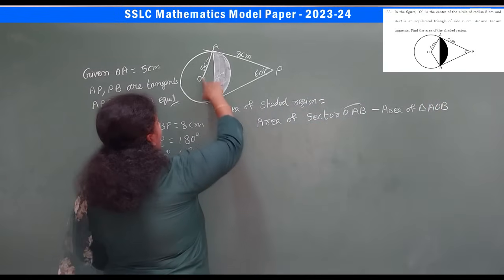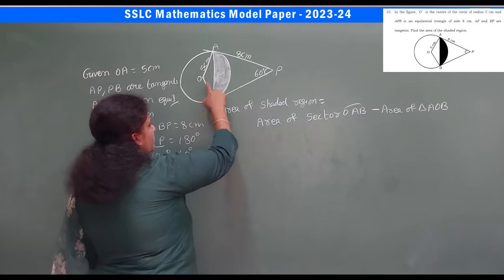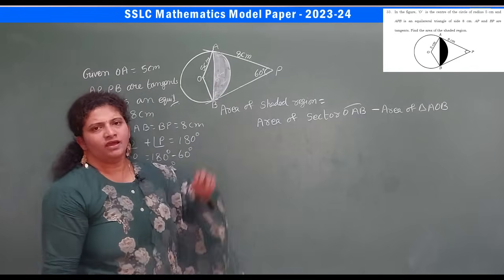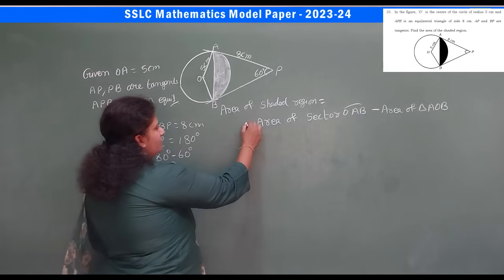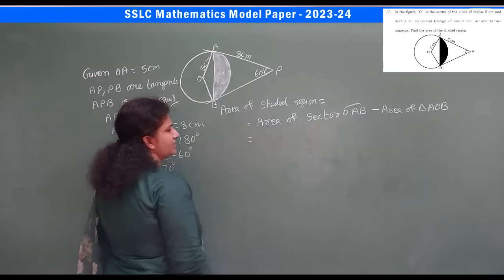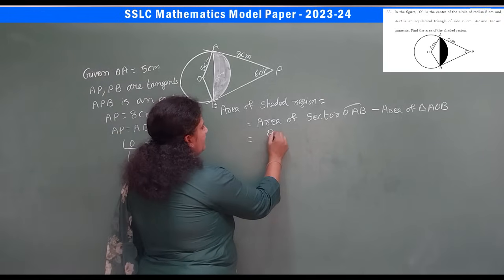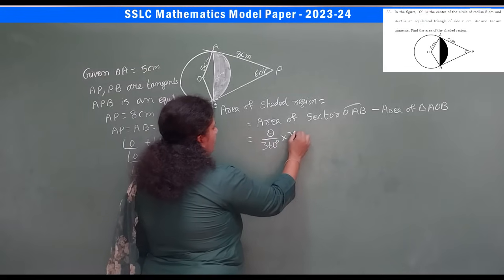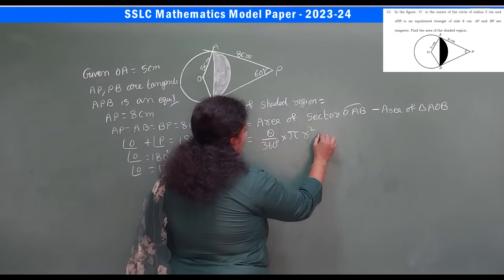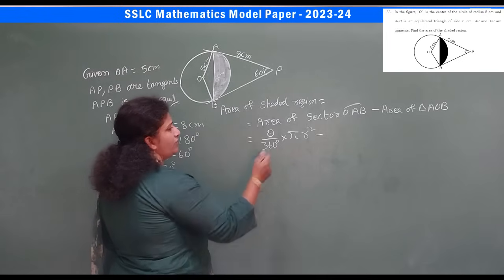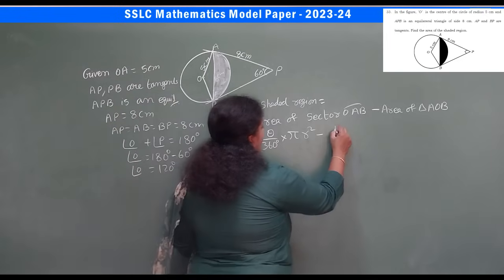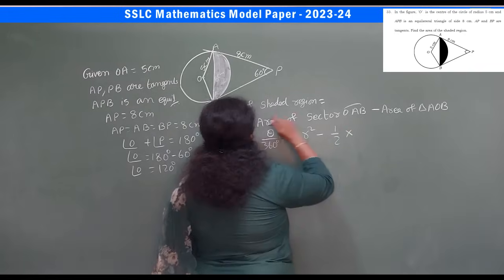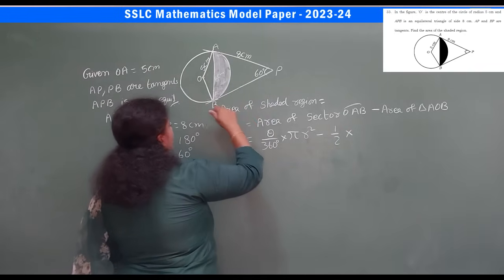Area of sector OAB minus area of the triangle will give you the area of the shaded region. That is, area of a sector formula, theta by 360 degrees into pi r squared, minus area of a triangle formula, half into base.